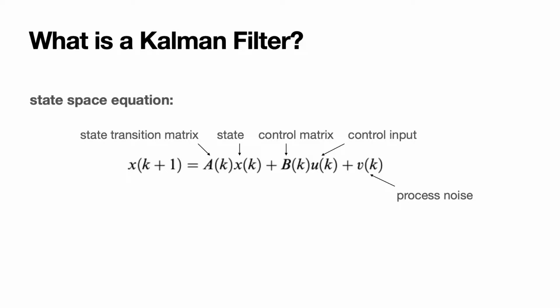Now let's take a look at our state space equation for our system model. The state space equation, under the assumption of a linear system, can be modeled as a first order differential equation.